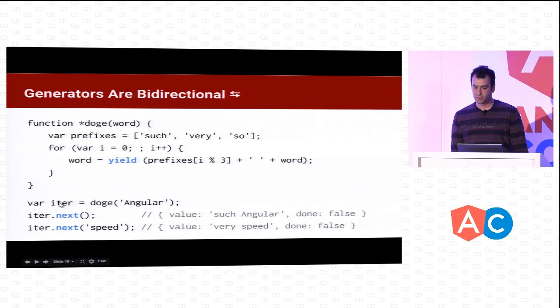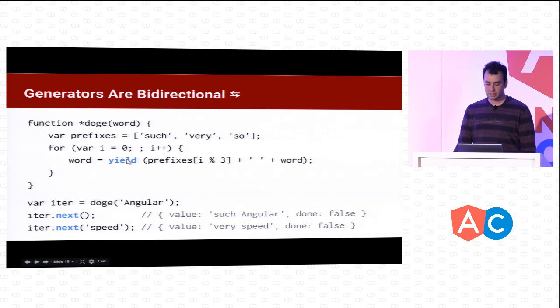The generator is created, it's returned to us, but the code is not yet executed. Once we invoke the first call to next, the code starts executing until the first yield, which happens to be here inside this loop. So in this case, we'll take the first prefix, which is "such", and the word that was given to us as a parameter, which is Angular, and it will return to us "such Angular."